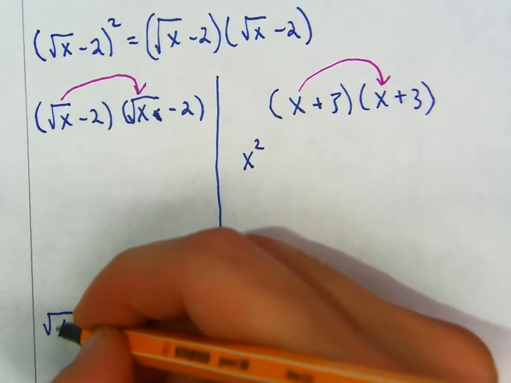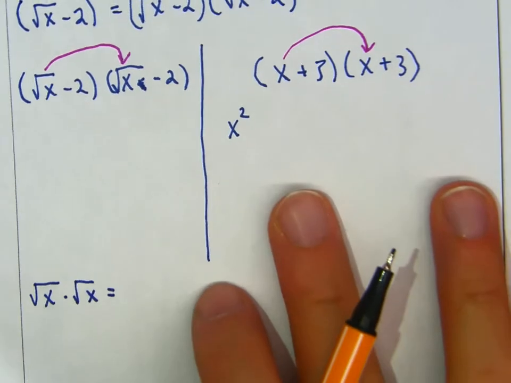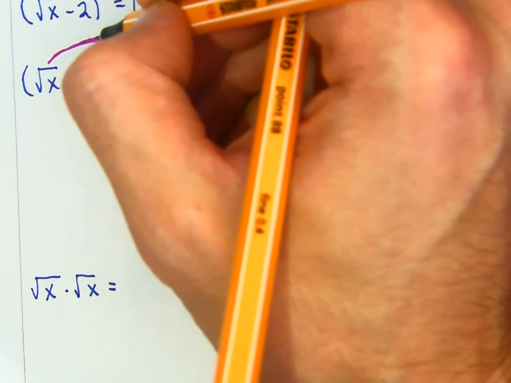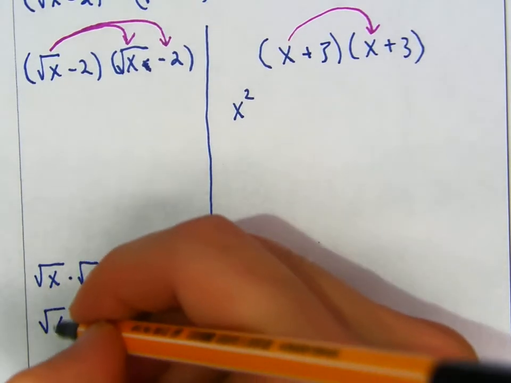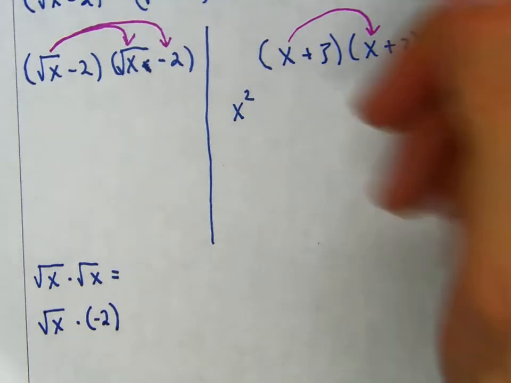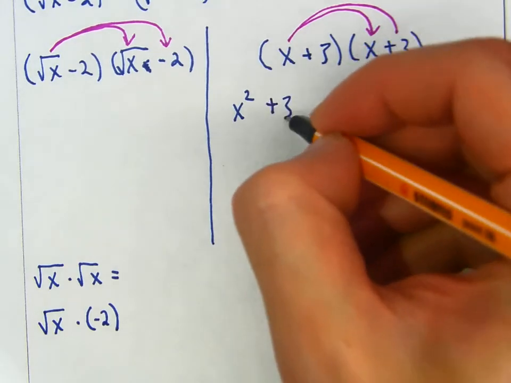What is square root of x times square root of x? Okay, we'll leave that for now. Then what do we need to do? We need to do square root of x times negative 2. And notice here, it's the same idea: you do x times 3. That's what you're comfortable with.